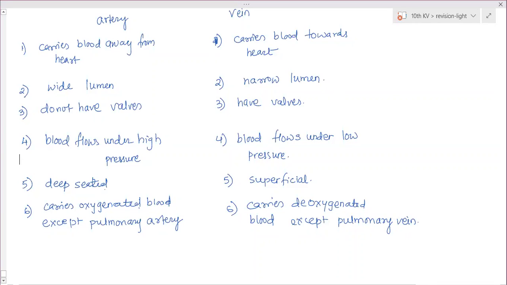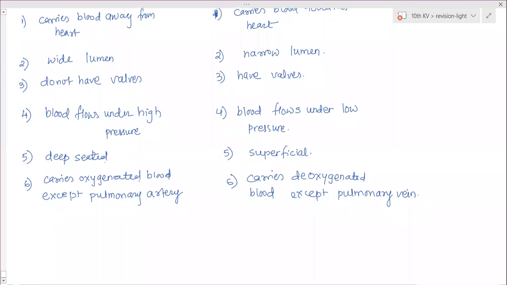The diameter of that pipe is wider in arteries and narrow in veins. The walls of arteries are thick and elastic, veins are thin. Thickness and thinness is only explained in terms of narrow and wide lumen. Okay, ma'am. Okay, then heart, functioning of heart.